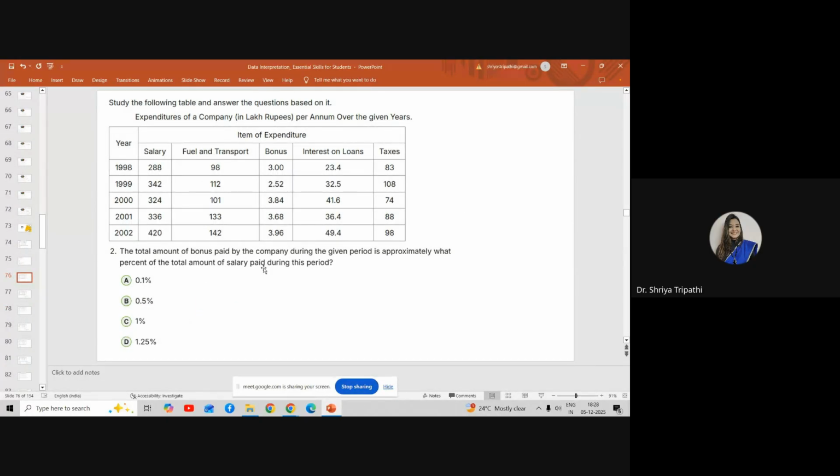The total amount of bonus paid by the company during the given period is approximately what percent of the total amount of salary paid during this period? The total amount of bonus paid, focus on which column we are asking.